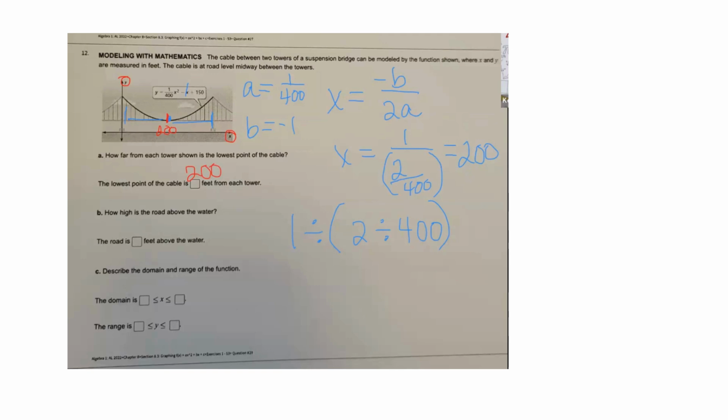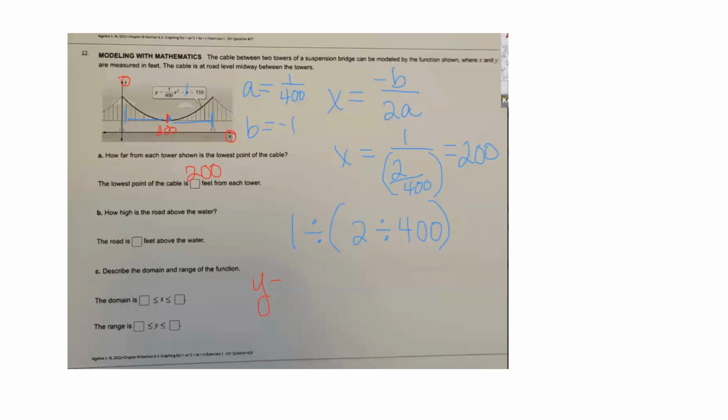Okay. And then how high is it above the water? So the water is the x-axis. So we have to plug 200 back into that y equals, to find out what that height is.